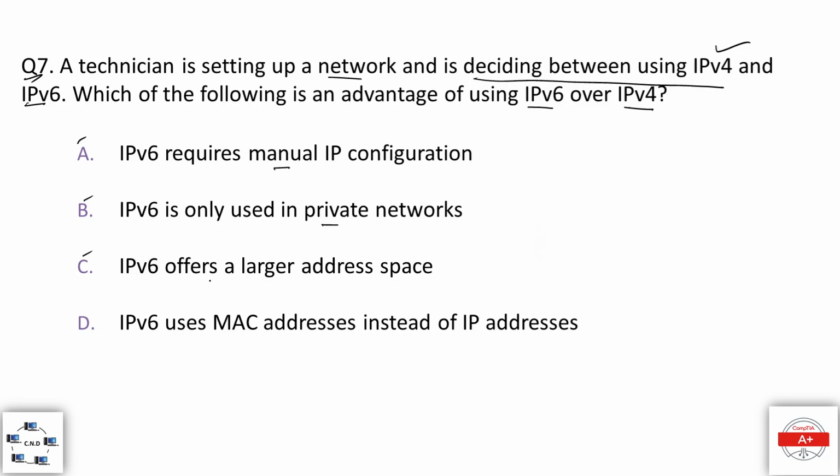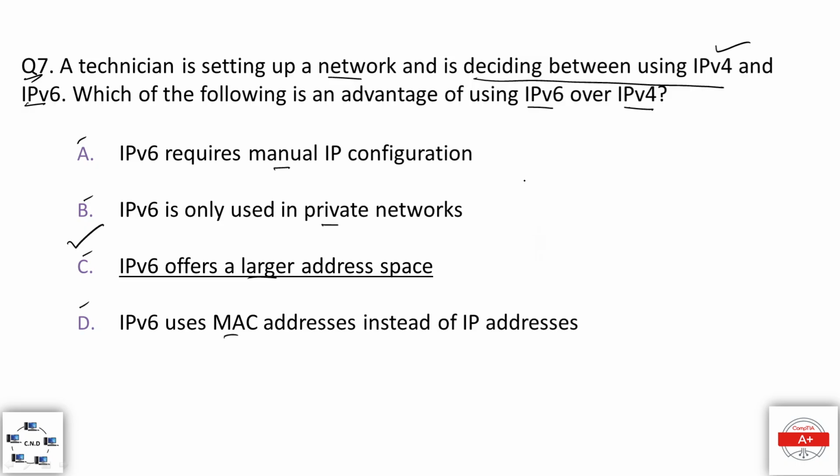Option C, IPv6 offers a larger address space. And option D, IPv6 uses MAC addresses instead of IP addresses. And the correct option is option C, IPv6 offers a larger address space.